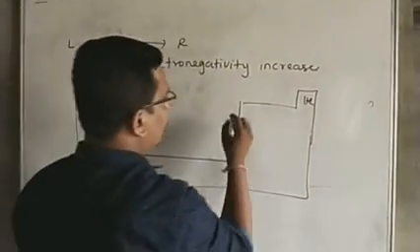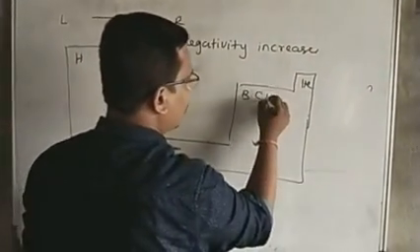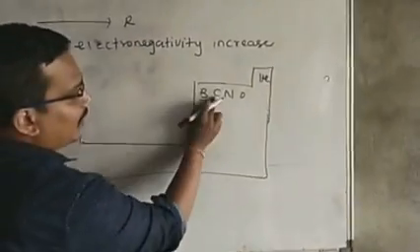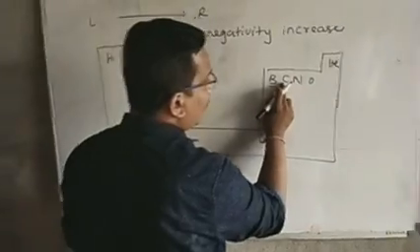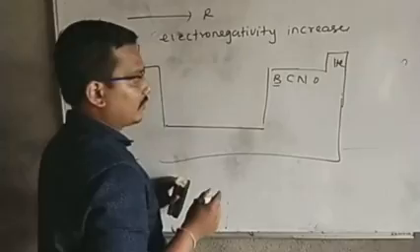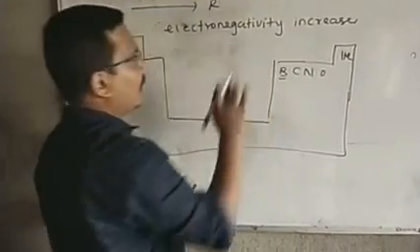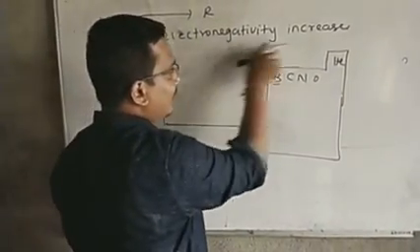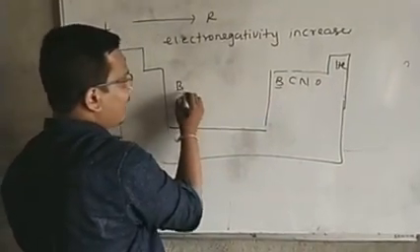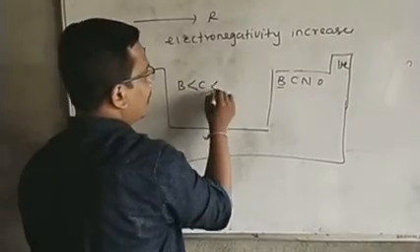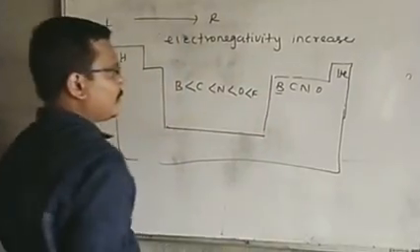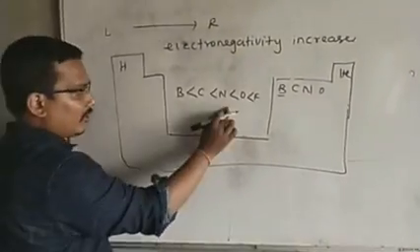For example, boron, carbon, nitrogen, oxygen. Boron is present left of the carbon and nitrogen is present right of the carbon. That means according to the trick, electronegativity increases from left to right. So boron has less electronegativity than carbon, then nitrogen, then oxygen. Next fluorine; this is the electronegativity order.